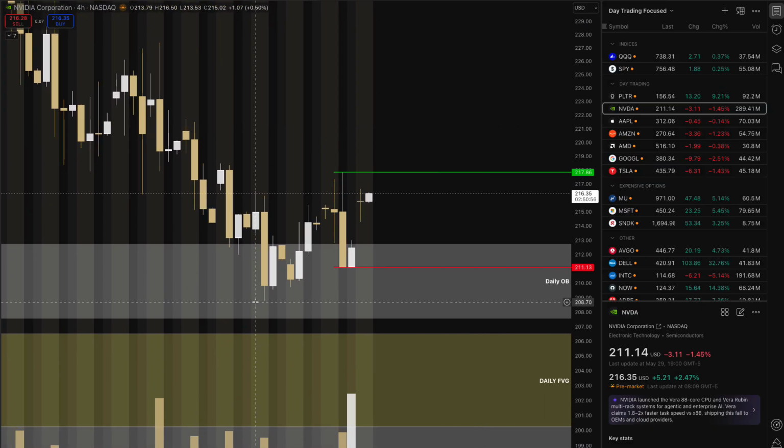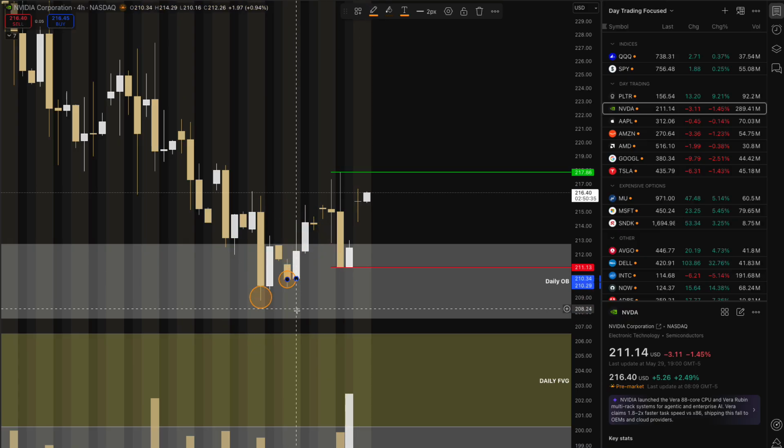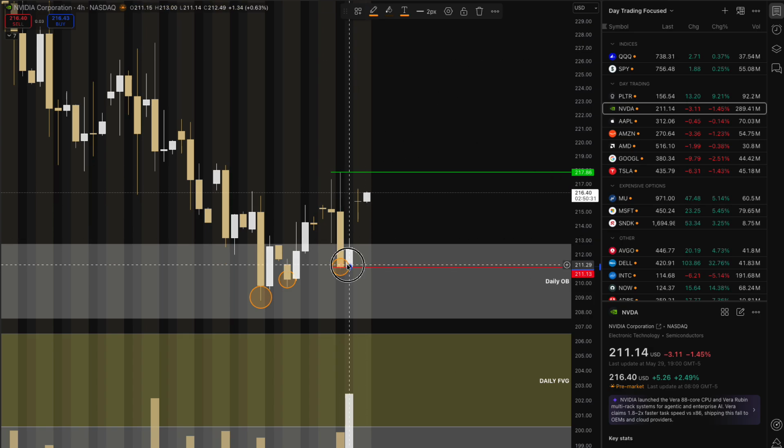this is the swing low we made. Then this is another higher low, this is the higher low, and now we put another higher low.